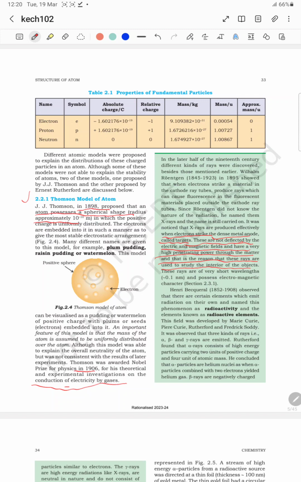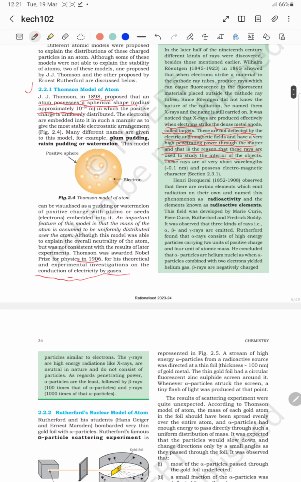Rutherford found that alpha rays consist of high energy particles carrying 2 units of positive charge and 4 units of atomic mass. He concluded that alpha particles are helium nuclei, as when alpha particles combine with 2 electrons they yield helium gas. Beta rays are negatively charged particles similar to electrons.